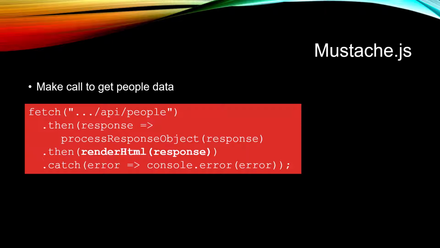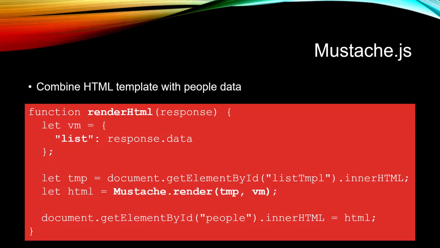We make the call to get people data, just like we normally would. We process the response object, and then I'm going to call this method called renderHTML. Well, this function takes your response. We create a variable that's a wrapper around this list property. Remember, list was what I had in that script tag. And I say I want the response.data. Well, that's our array of people, isn't it?